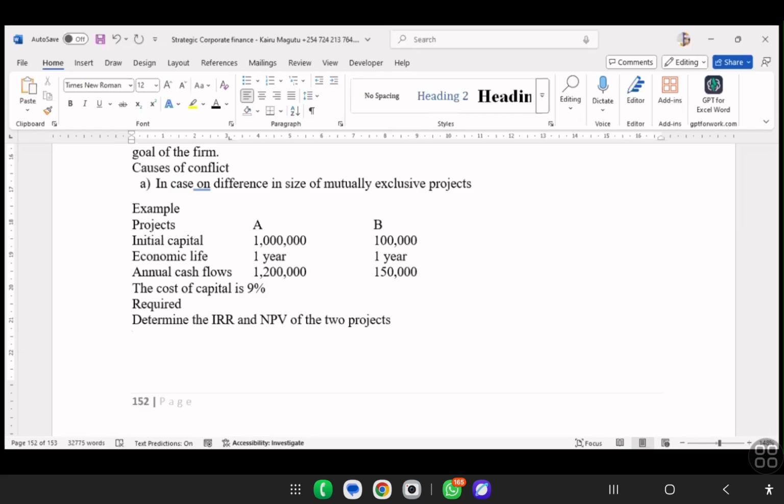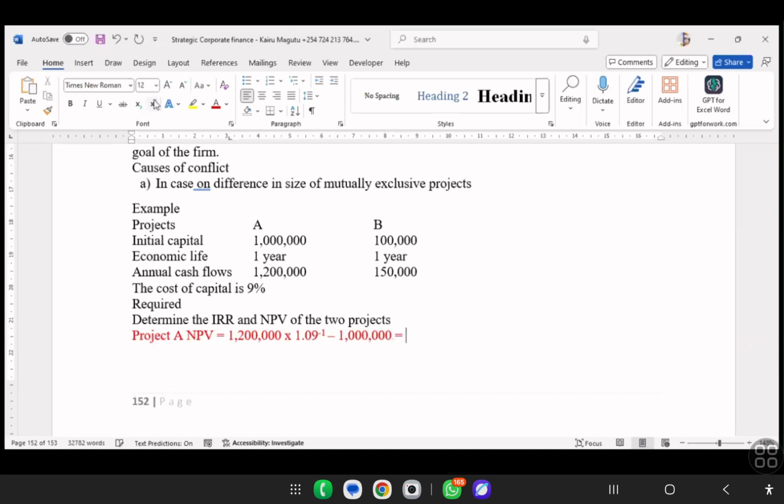For Project A, NPV is equal to 1.2 million multiplied by 1.09 power -1 because it has 1 year, minus 1 million.